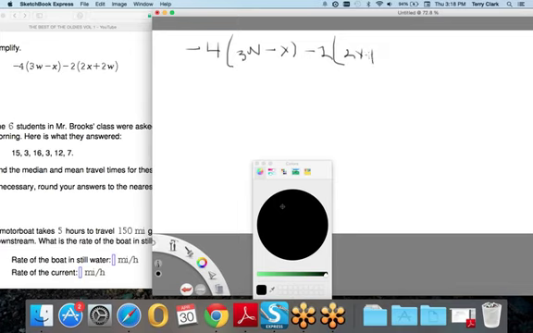Okay, to solve this problem, we're going to use the distributive property. So that means we're going to distribute the -4 to everything on the inside of the first one. And then we're going to distribute the -2 to everything on the inside of the second one.